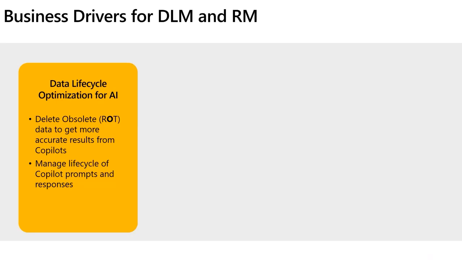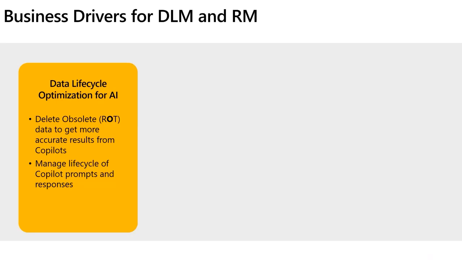Now, with the advent of Copilot, there's a lot of data that is being generated using Copilot interactions, right? So if you're setting up Copilot in your org, then DLM will help you prepare your tenant data for Copilot consumption by getting rid of old data.